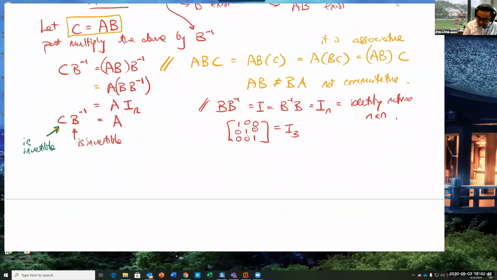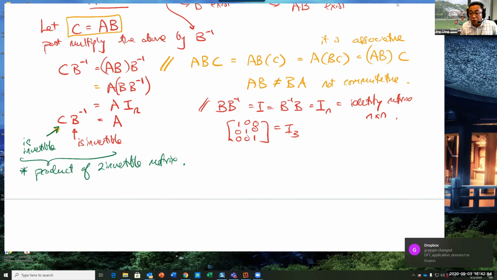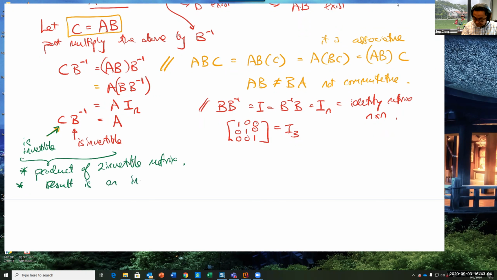A is the product of two invertible matrices. And later on, there's a rule that says the product of two invertible matrices is an invertible matrix.